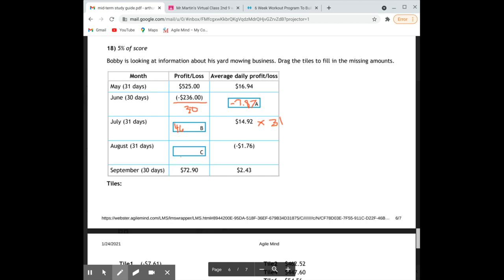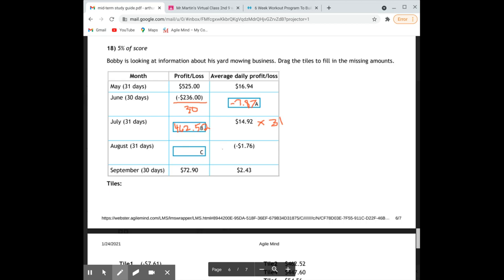All right, so you got 1492 times 31. Try it again real quick. Put $14.92 times 31 in. Okay, now I got it.